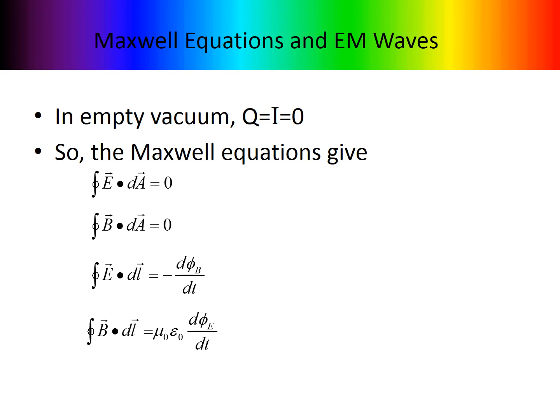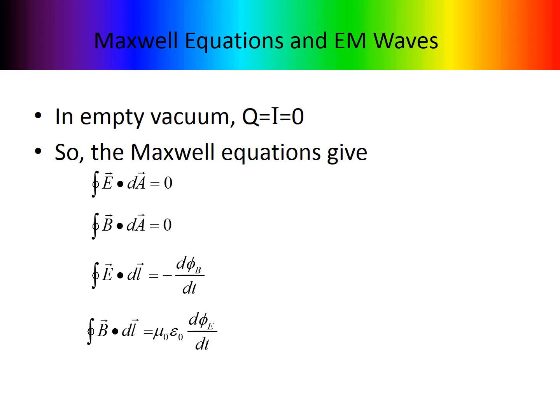So in an empty vacuum, there is no enclosed charge, there's no flowing current, and so both of those are 0. So now here's what the Maxwell equations give us. Two kind of boring equations up top, which we're not going to end up using after all, and then two equations that deal with changing magnetic field and changing electric field.